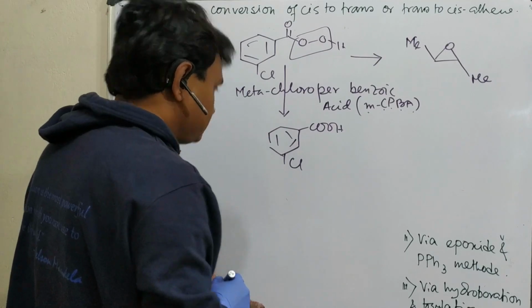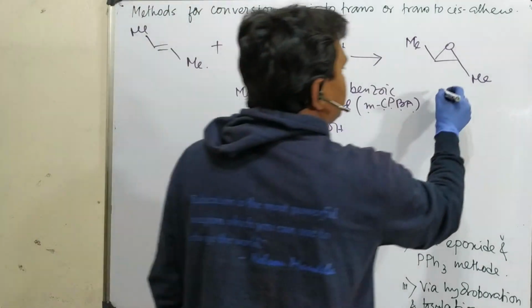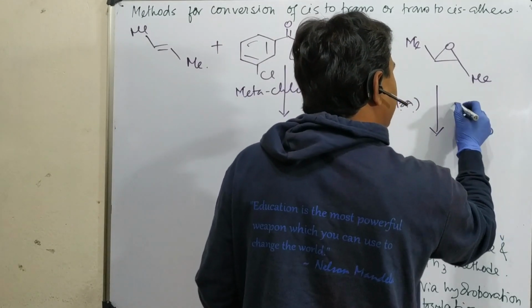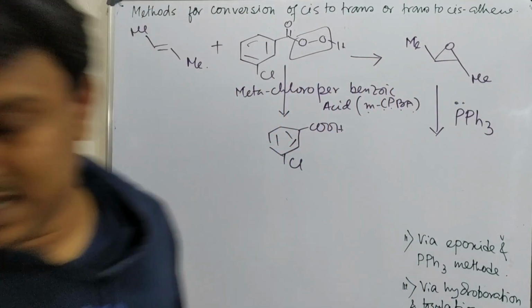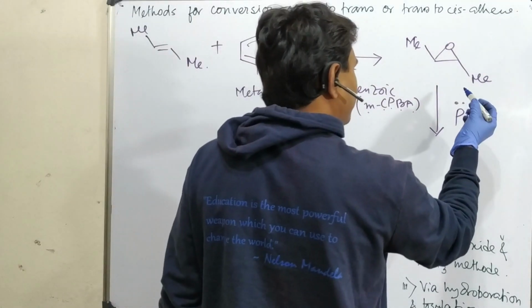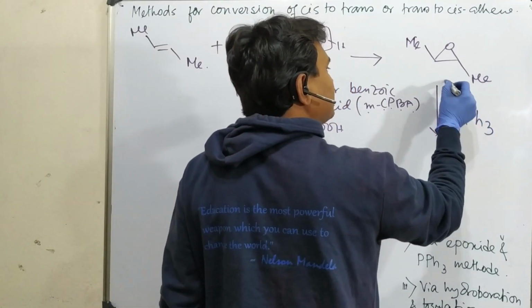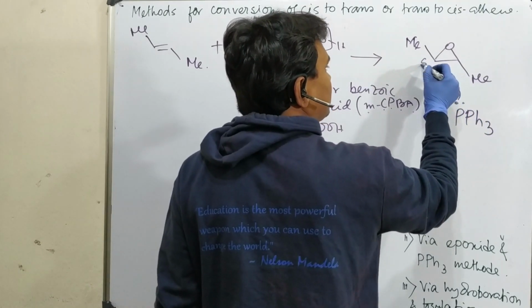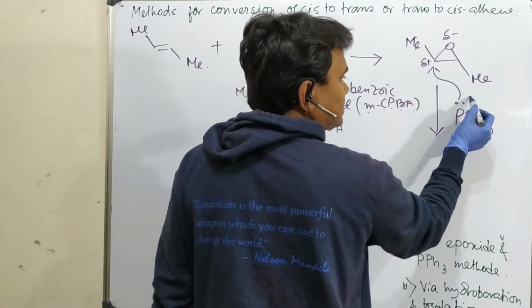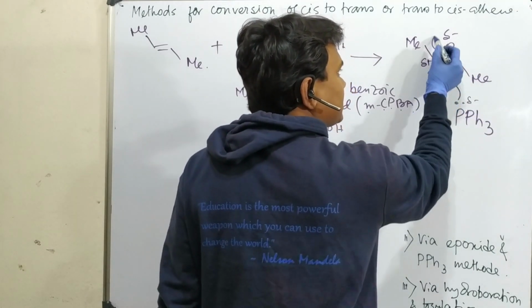Now what is the next step? The next step is the reaction of this with triphenylphosphine. We know that triphenylphosphine is a soft center, meaning it is a nucleophilic center. Since the epoxide carbon is electron deficient, delta plus, and oxygen is delta minus, the phosphine attacks the electrophilic center and the ring opens up.